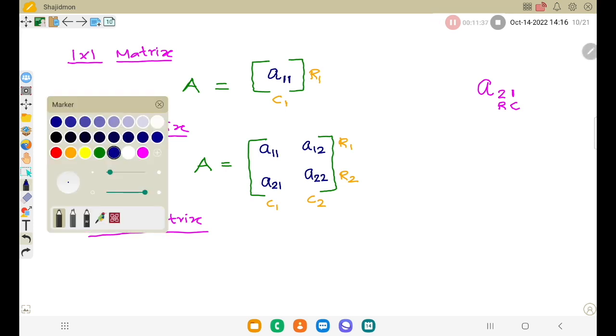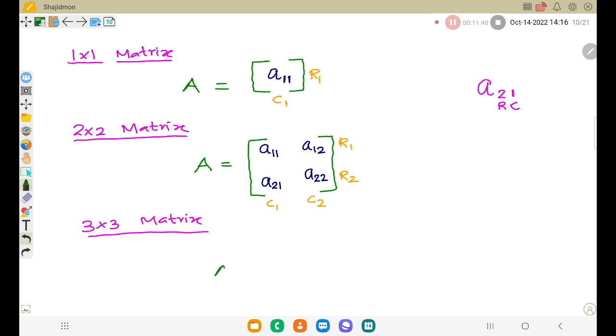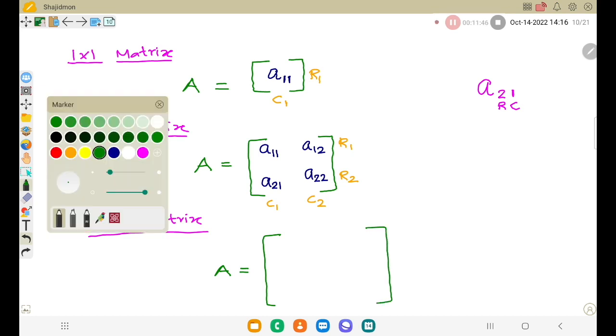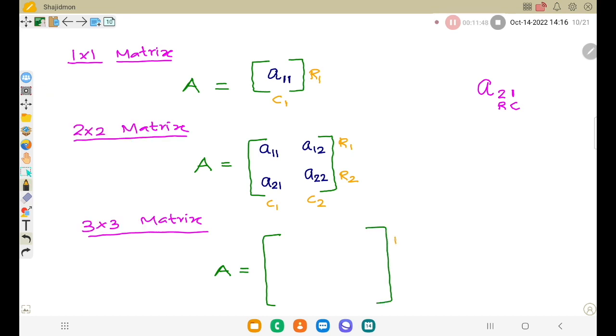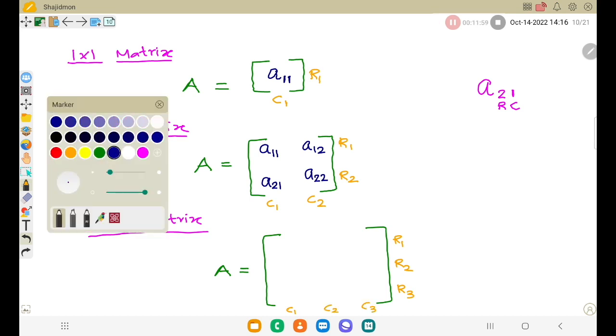Now, in the same way we can represent a 3 by 3 matrix. For your understanding, A equals a 3 by 3 matrix. So 3 by 3 means we have row number 1, row number 2, and row number 3, column number 1, column number 2, and column number 3, correct? Now we are writing the numbers here.